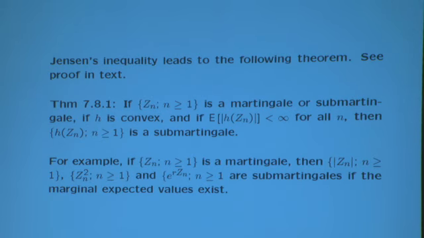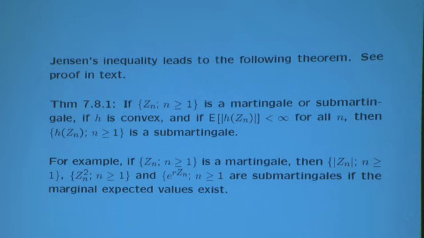So one example of this is if z_n is a martingale, then the absolute value of z_n is a submartingale. Submartingales are martingales. Martingales are submartingales also, so I don't have to keep saying if it's a martingale or a submartingale. I can just say if it's a submartingale.